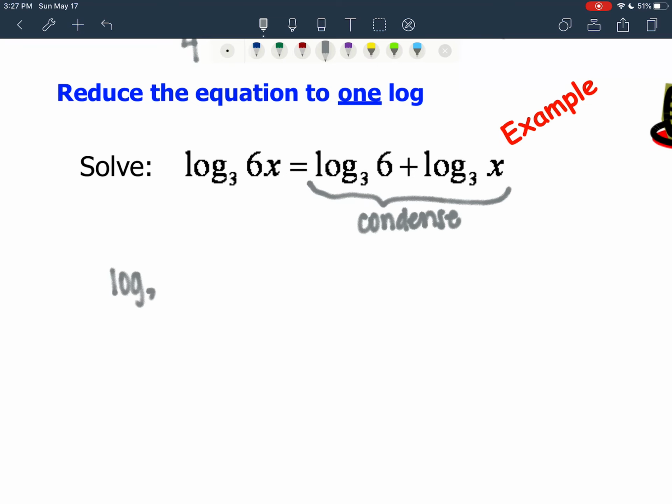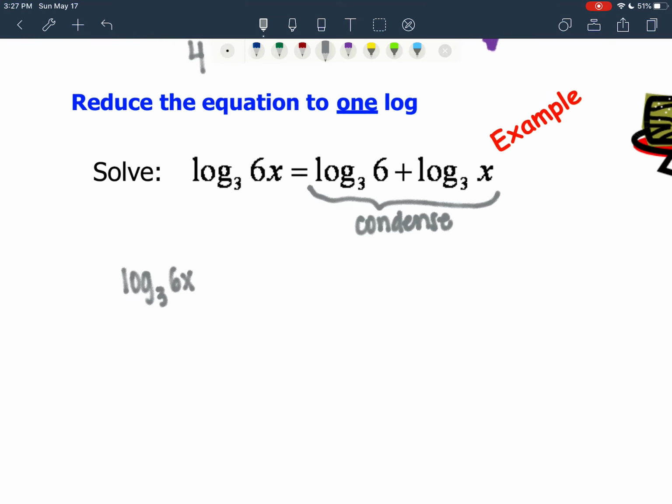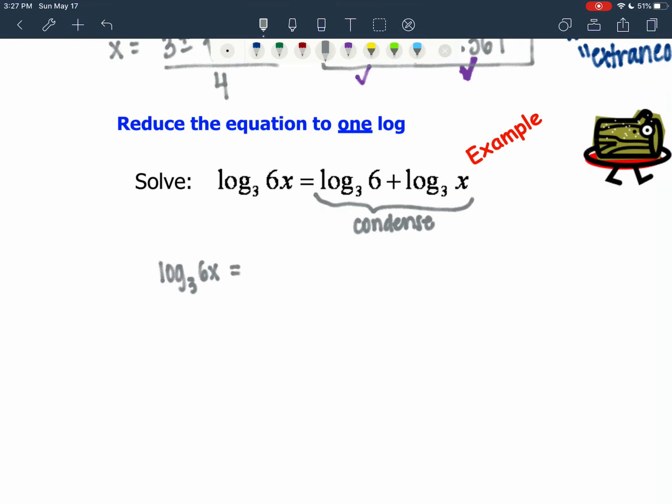So I've got log base 3 of 6x on the left-hand side, and that's equal to log base 3. We have log base 3 twice, so we're going to keep the base and multiply the arguments. So I've got log base 3 of 6x equals log base 3 of 6x. Well, that looks identical.